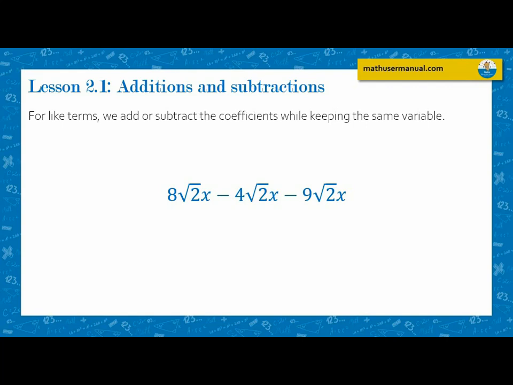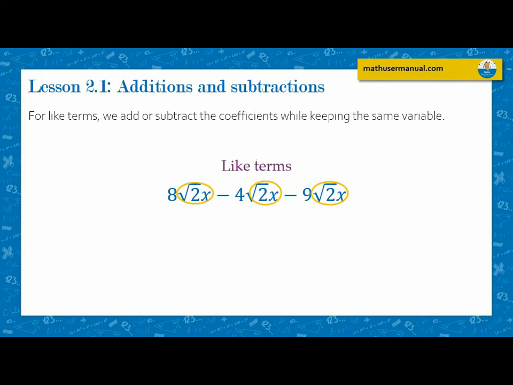So we cannot use the calculator for this answer, but we can combine like terms because every single term is radical 2x. So as long as the terms have the same variables with the same powers, or the same radicals, or the same fractions as well, we can combine like terms. So every single time that they share the same radicals with the same variables, we can combine like terms.